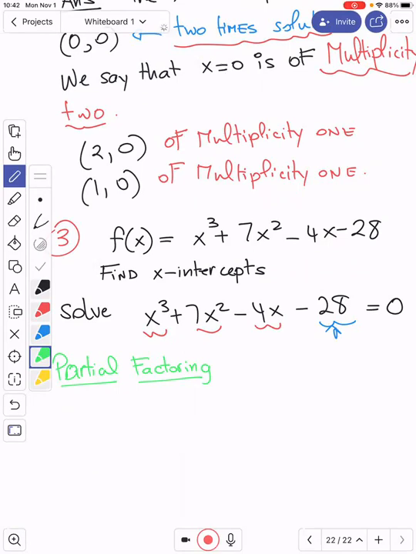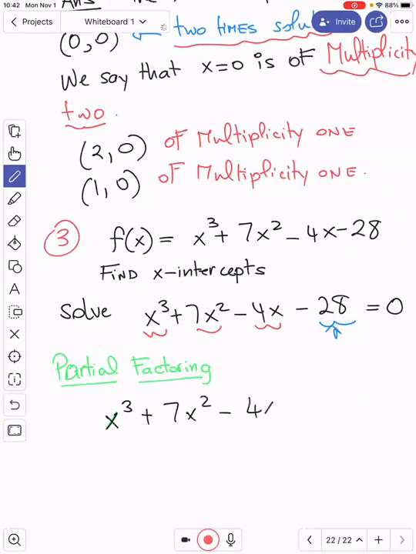So let me write down the polynomial again: x cubed plus 7x squared minus 4x minus 28 equals 0. I'm going to take, for example, the first 2 terms, the x cubed and the 7x squared, and factor it.